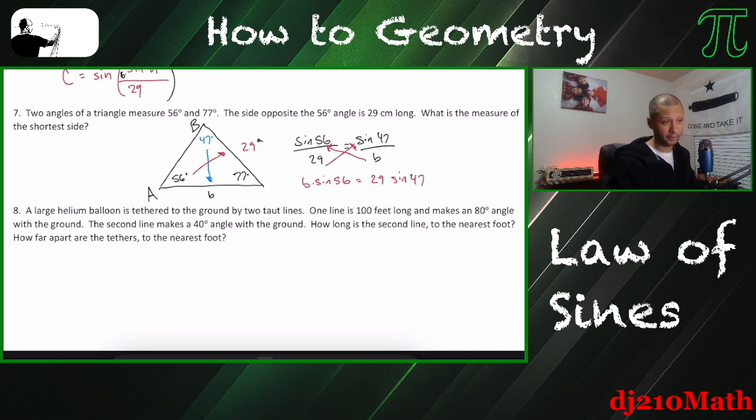So to get rid of the sine 56, because I want to isolate B, we have to divide both sides by sine 56. We go to our calculator. Okay, little b is going to equal 25.582.